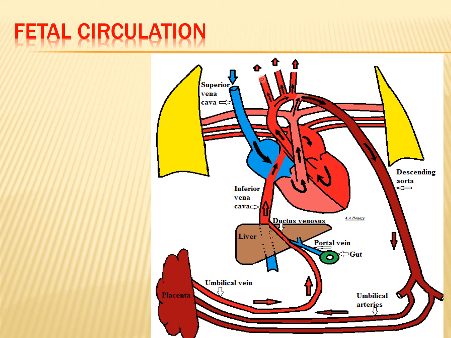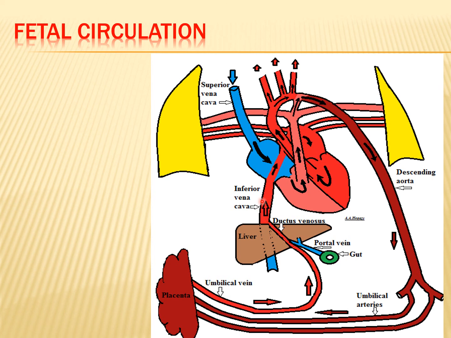This is the circulation of the oxygenated blood from the placenta, umbilical vein, ductus venosus, inferior vena cava, right atrium, foramen ovale, left atrium, left ventricle, ascending aorta, arch of the aorta, 3 big vessels originating from the aorta, mainly to the upper half. Then non-oxygenated or deoxygenated blood returns mainly to the superior vena cava.